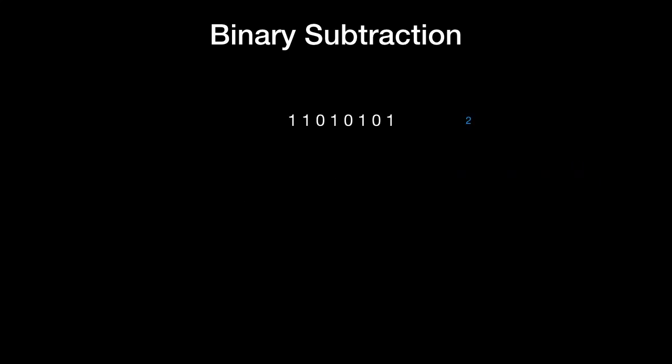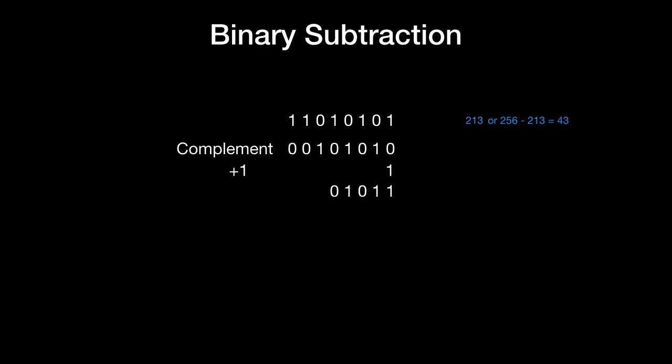Let's do another example. This number represents 213 or minus 43. You do the complement, add 1 to it, do the math.